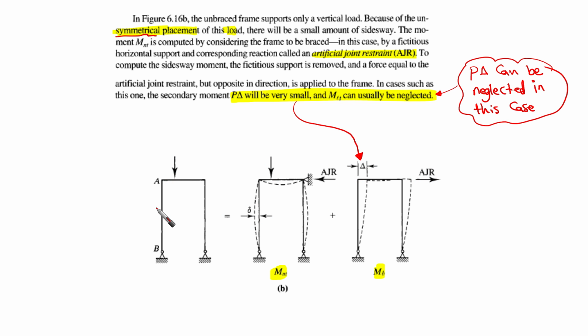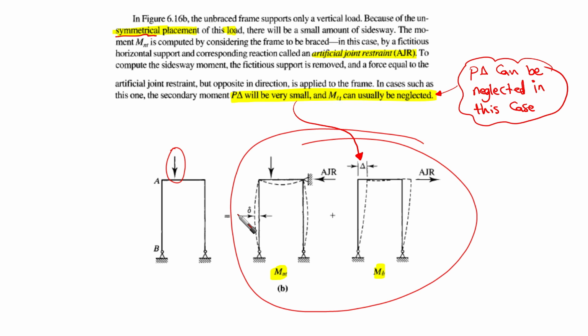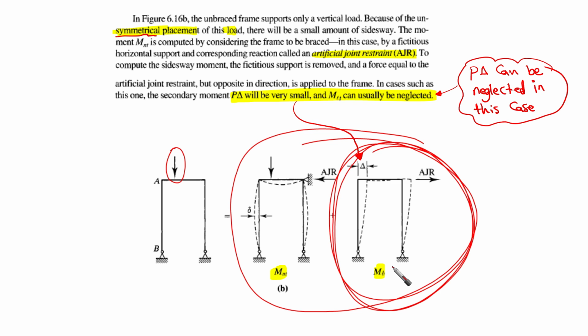So remember that if we have unsymmetrical loading on a symmetric system, this brings us to a condition as if we are having lateral translation. But generally speaking, the effect of this lateral translation is small.